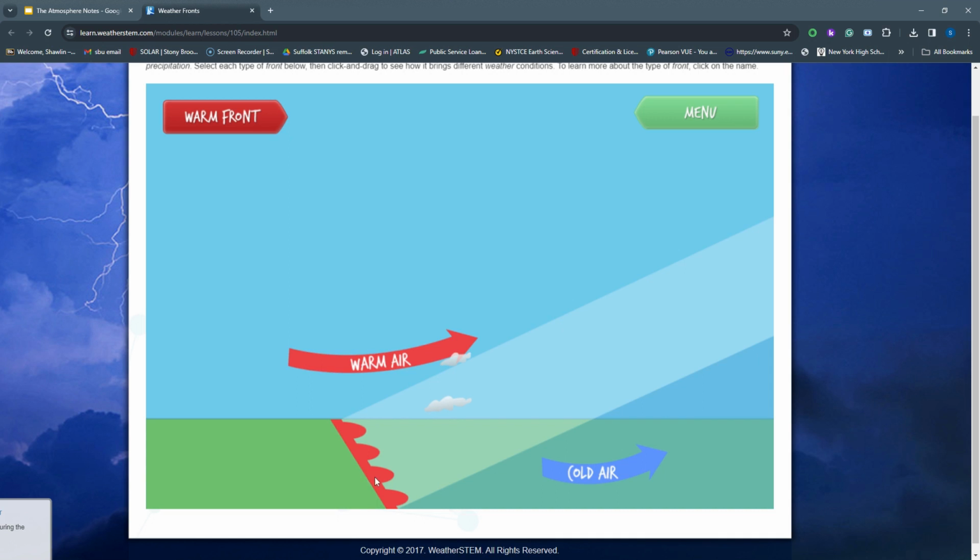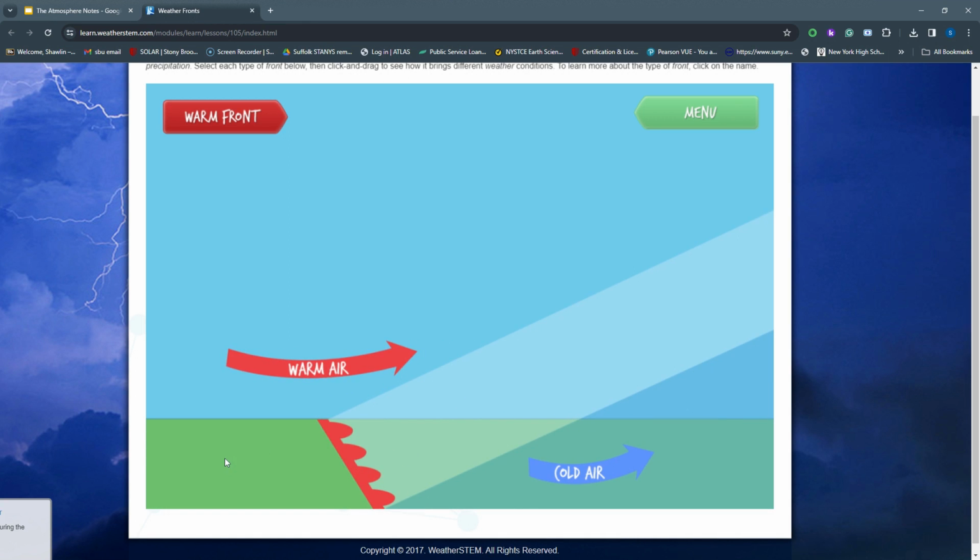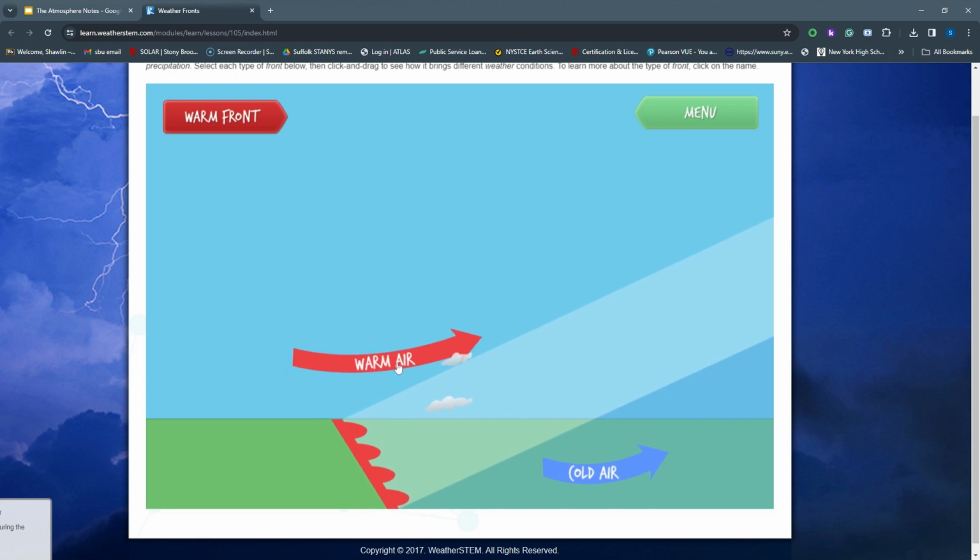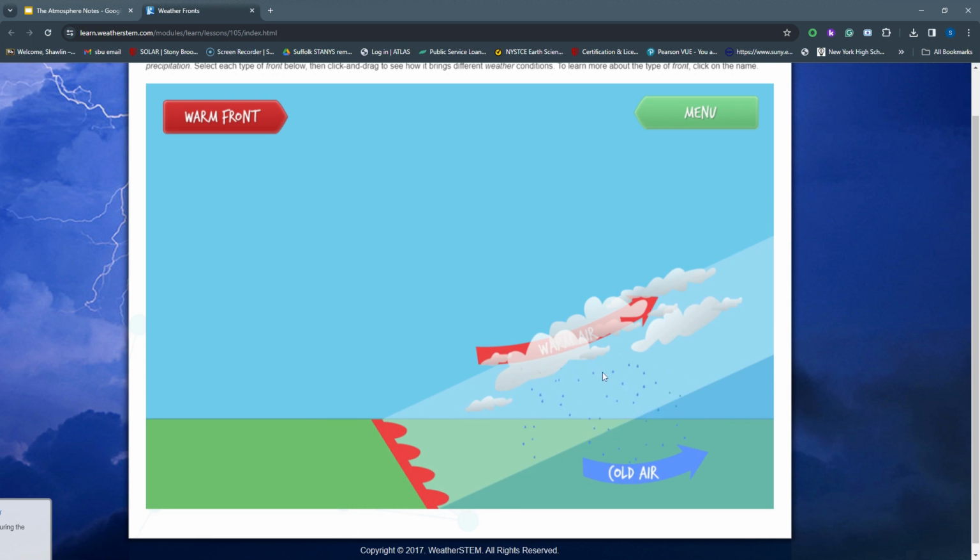Or near the symbols for the front. And wherever there's warm air, right behind the front is where we have warm and humid air. Right in front of the front is where I have cold air, right? This area will have cool and dry air.